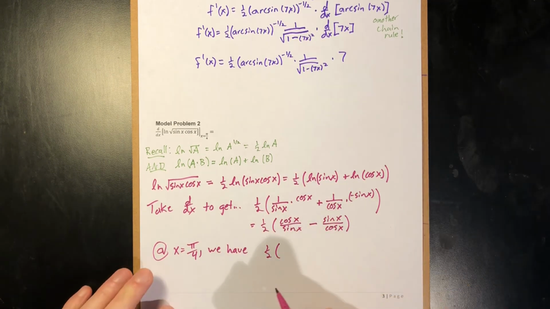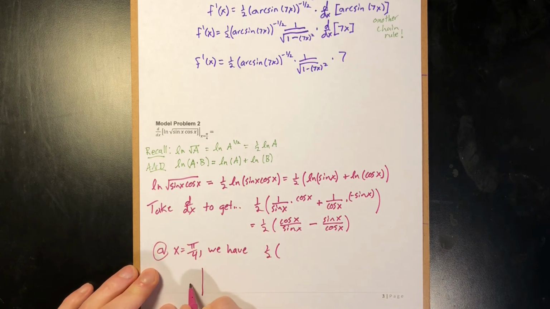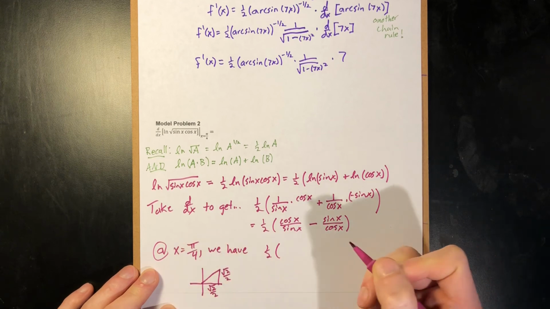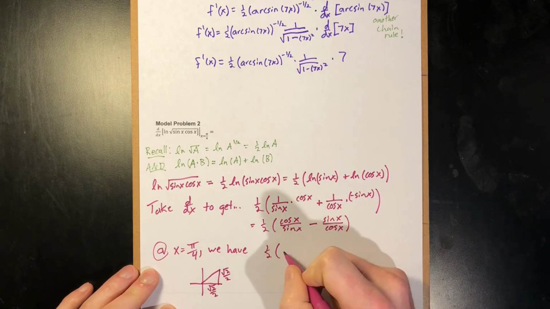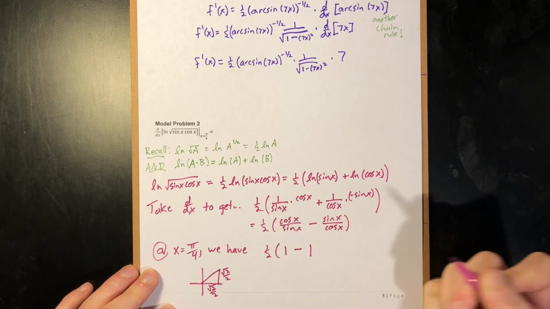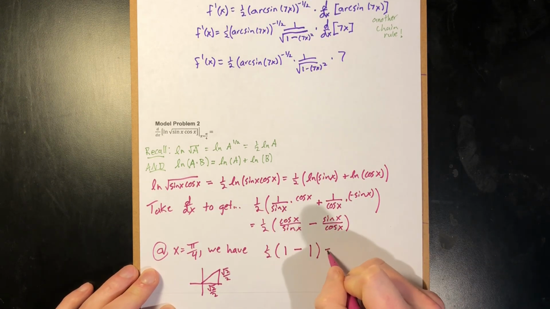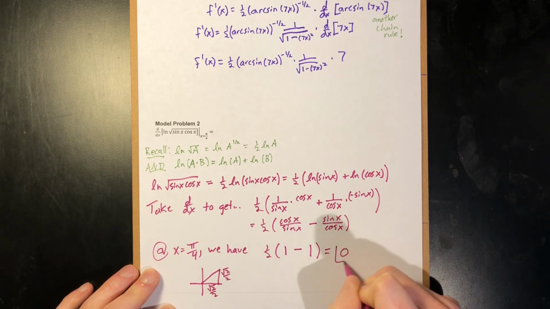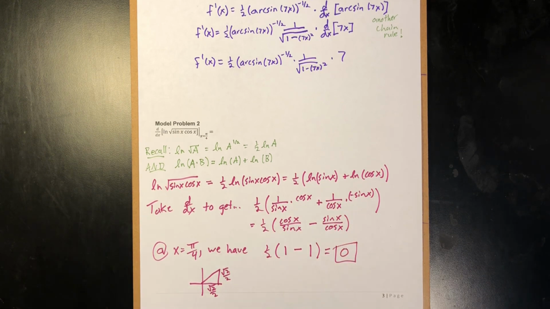Just thinking about pi by 4, remembering on our unit circle, a pi by 4 angle right here is a 45-degree angle, which would have square root of 2 over 2 and square root of 2 over 2. Cosine and sine are going to be the same thing, so cosine over sine is just going to be 1, and sine over cosine would be 1 as well. So 1 minus 1 here is going to be equal to 1/2 of 0, which is just 0. So my final answer there is going to be 0.